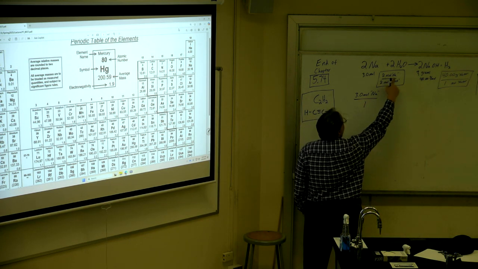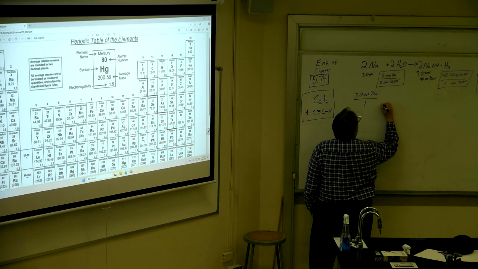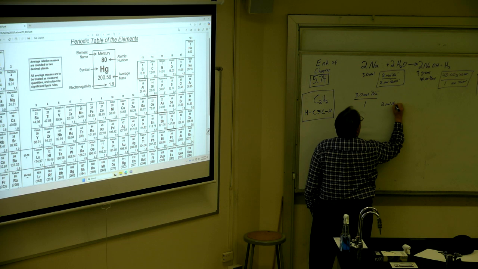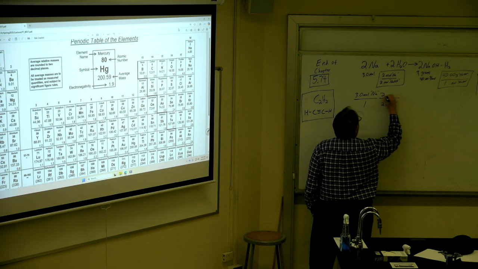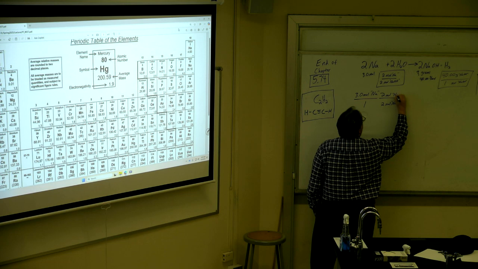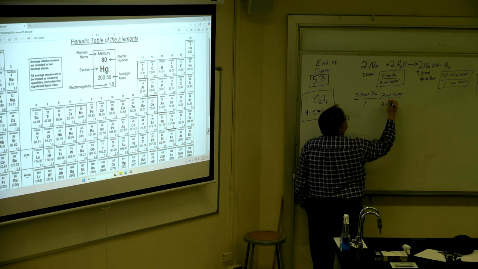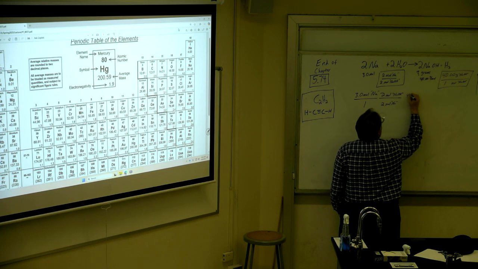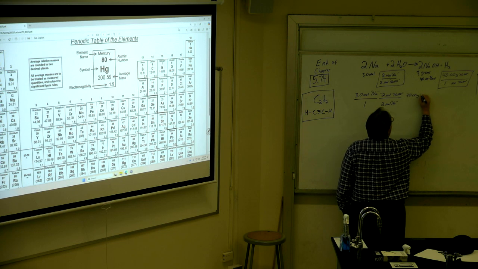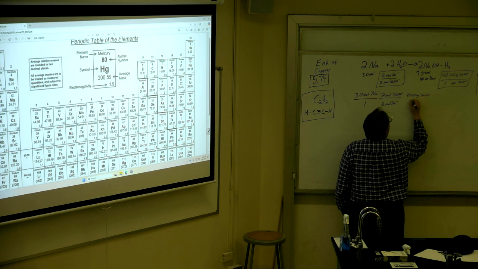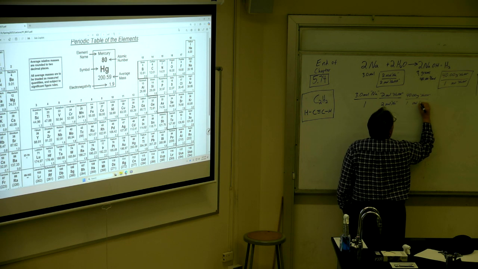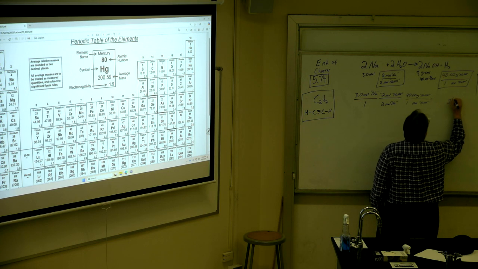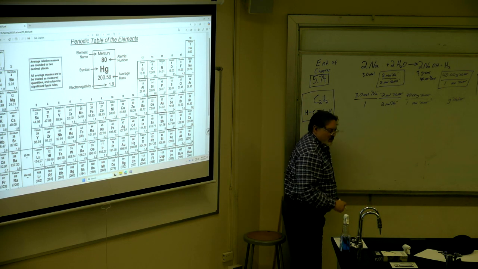Moles of Na, I've got moles of Na on the top here, so I'm gonna put it on the bottom. 2 moles of Na, 2 moles. Now I've got moles of NaOH on the top, so I want moles of NaOH on the bottom, so it's gotta be 40.00 grams. And if you look at the units, that cancels down to grams of NaOH, and that's what we were looking for. So the rest is your calculator.